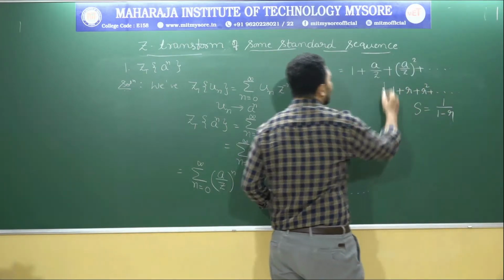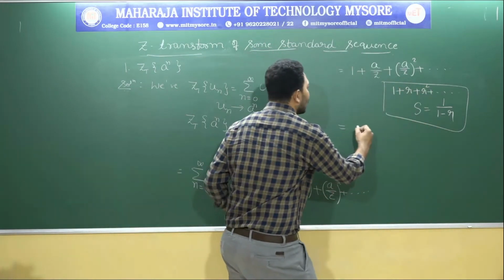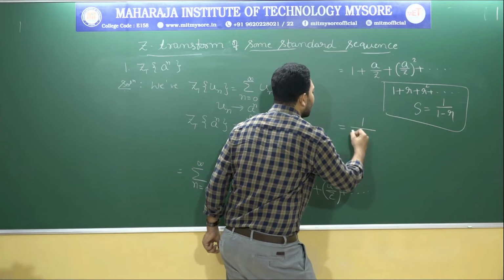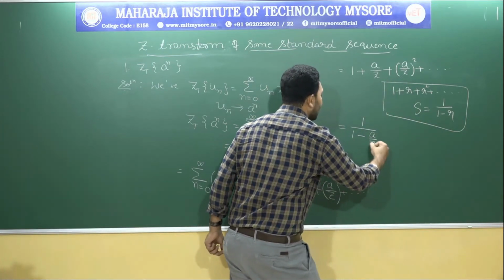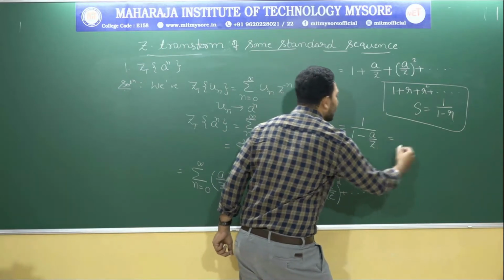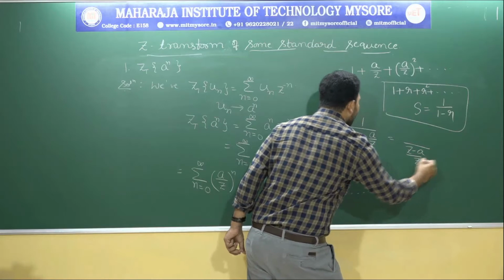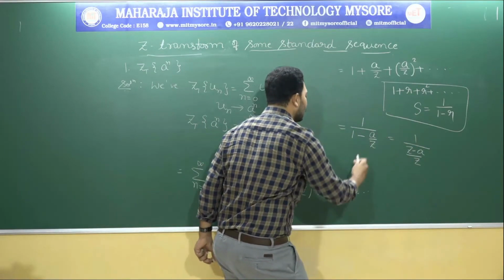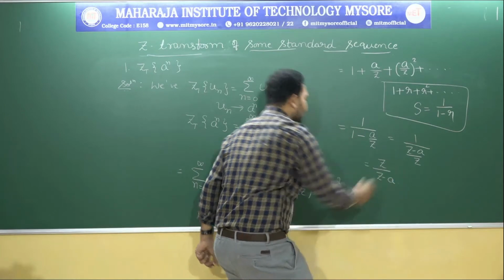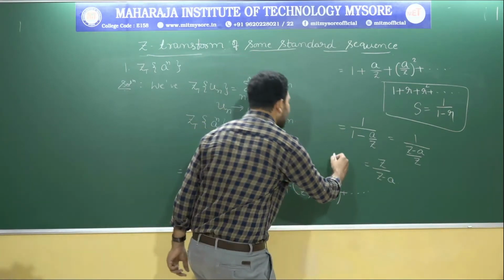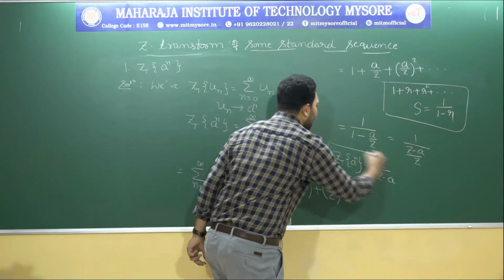If I apply this here, we can write 1 divided by 1 minus, in the place of r, replace a by z. If I take LCM, I can write this as z minus a by z. This z goes to the numerator, that is z divided by z minus a. So this is the Z transform of a power n.